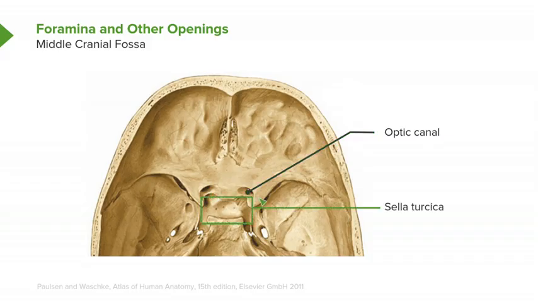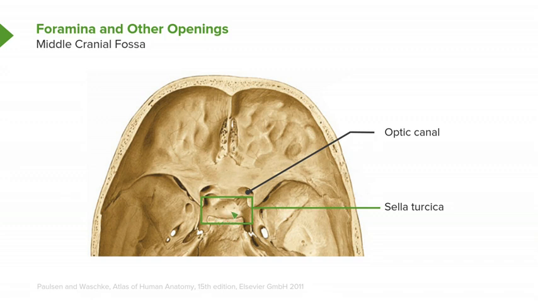There's an important landmark that is found within the middle cranial fossa, and this is the sella turcica. We see it represented within this rectangular region. We see an area here and here, and then we see the posterior borders along and through here.